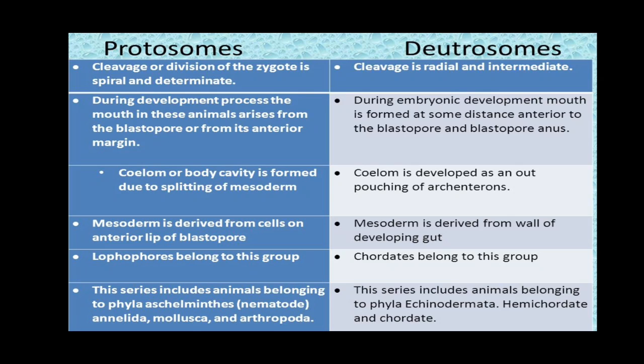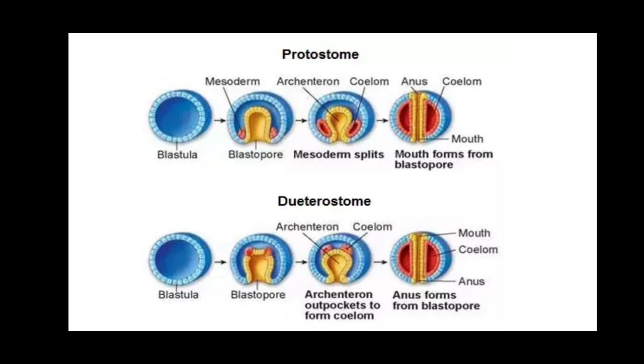In protostomes, coelom or body cavity is formed due to splitting of the mesoderm, which you can see in the diagram. The mesoderms, which are shown with the help of red color, will change into the coelom, which are the body cavities.